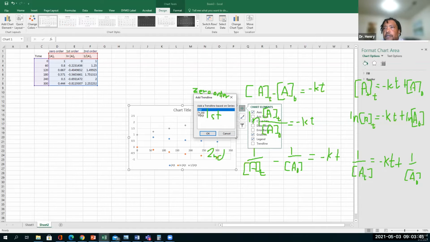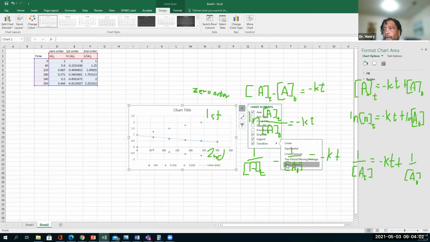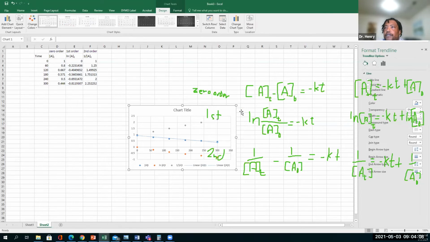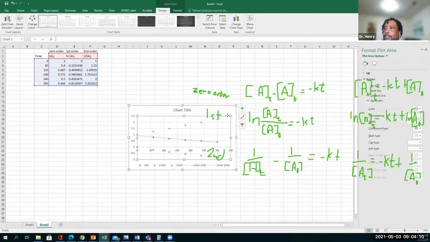Okay, so it's not helping me here. Trend line to that one. Okay, and then I'm going to go to trend line, more options. Okay, it's not doing what I'm supposed to do. Hold on.